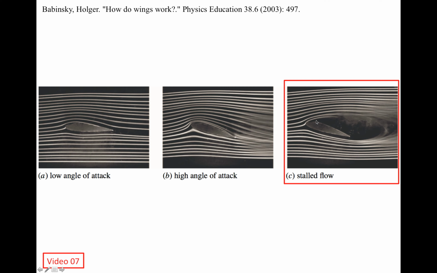upper surface. See, here the streamlines are still following the upper surface, but here the streamlines are not following the upper surface. They have detached from the upper surface. At this point, the airfoil is going to experience a sudden drop in lift force, and this phenomenon is called stall.